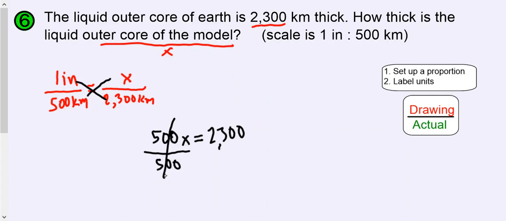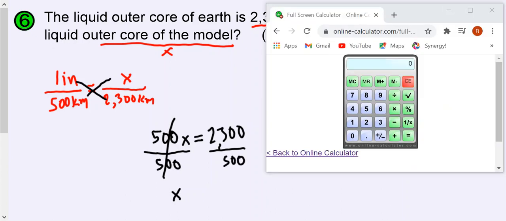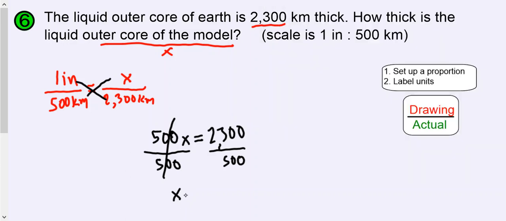This will cancel out, and we'll be left with x over here. Divide 2,300 by 500. That is equal to 4.6. So x equals 4.6. And what does that number mean? It means that the liquid outer core of the model is going to be 4.6 inches thick.